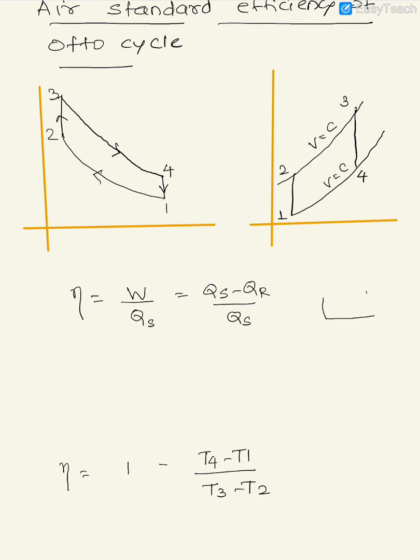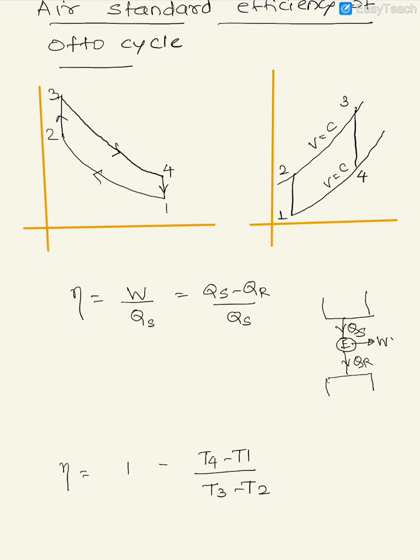So if you consider any heat engine, the schematic is like this. This is the heat engine. You supply certain heat and the heat is rejected partially and the remaining heat is converted to work.